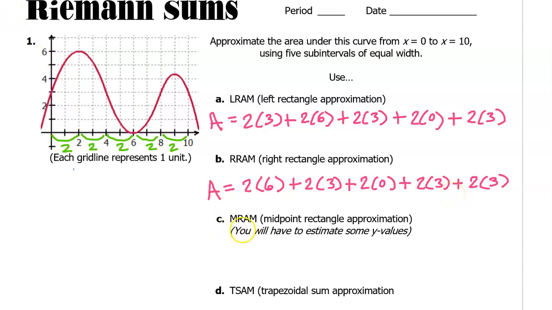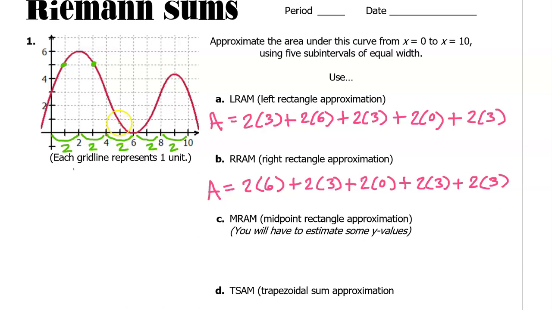The third method is called MRAM, Midpoint Rectangle Approximation Method. So for this method, we are going to find the value of the function at the midpoint of each interval, and that is going to give us the height of each rectangle. So here's the midpoint of the first interval, and here's the value of the function. Here's the midpoint of the second interval, and here is the value of the function.